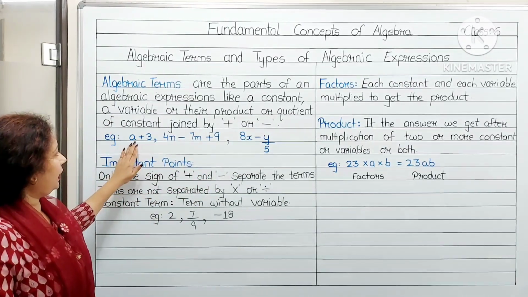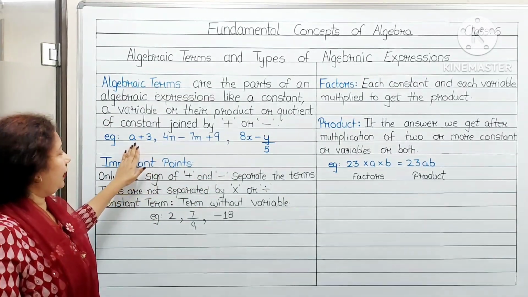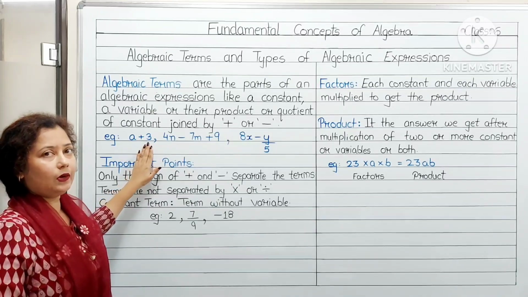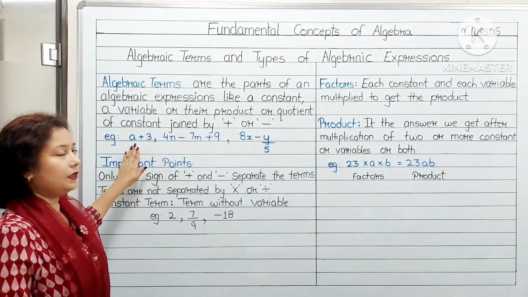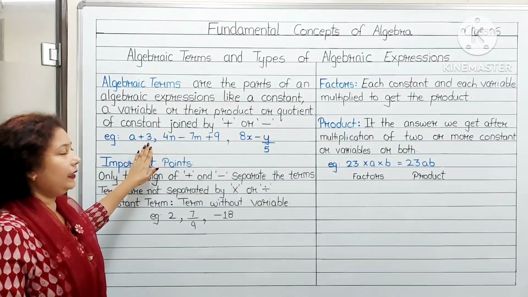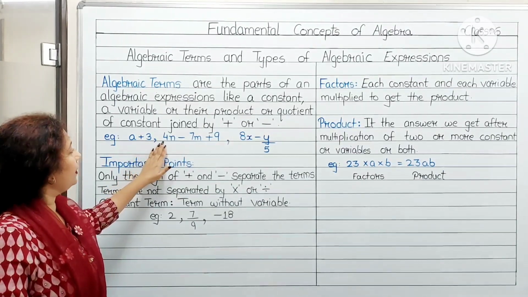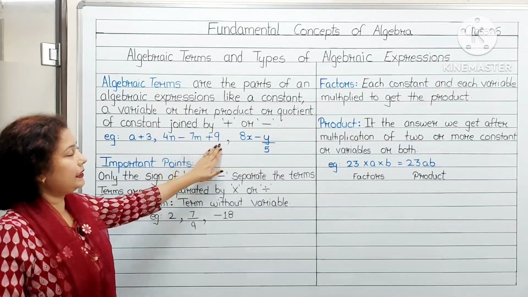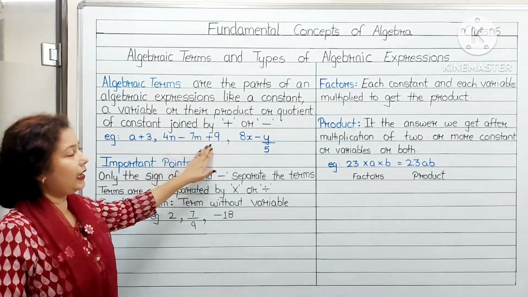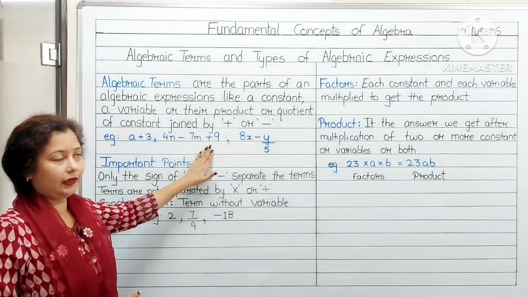For example, a plus 3. Here a is a variable, 3 is a constant. It is an algebraic expression where a is the first term and 3 is the second term. 4n minus 7m plus 9. Here minus and plus two operations are there.